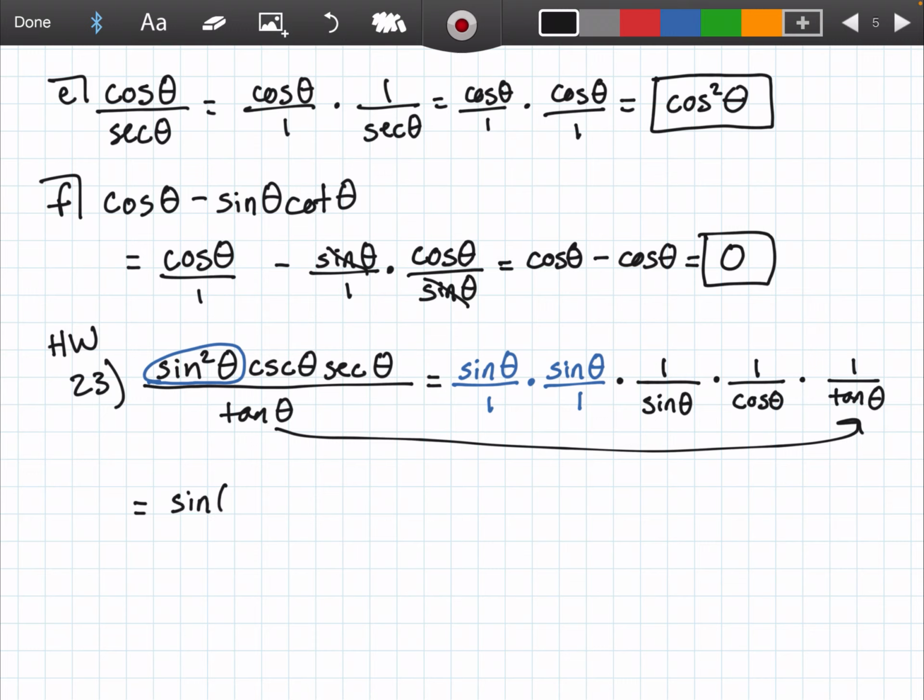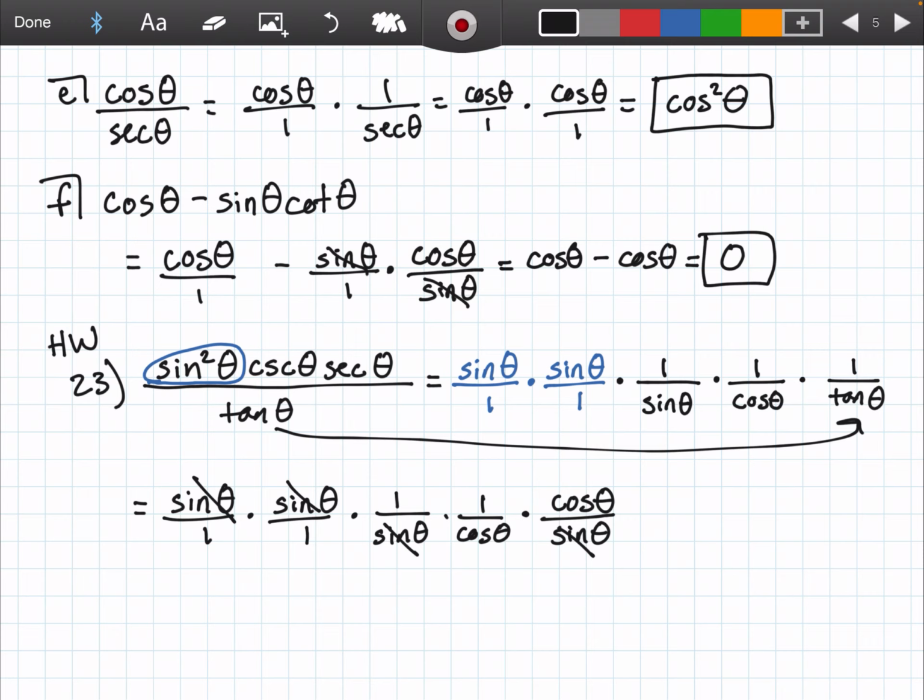So I can write all that again. Tangent, 1 over tangent, that is reciprocal of tangent, so that's cotangent. Cotangent, I know, is cosine over sine. And now I can just cancel out everything. So there's a sine, there's a sine, there's a cosine. Everything canceled out. So I'm left with 1.